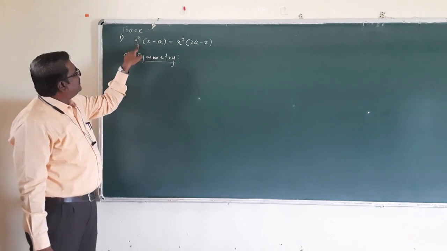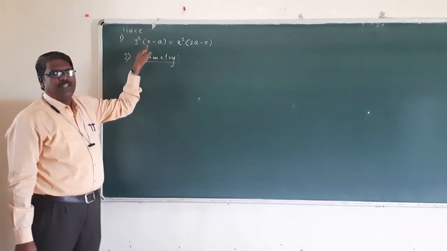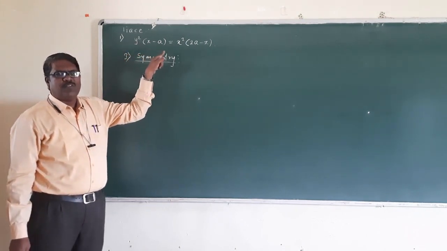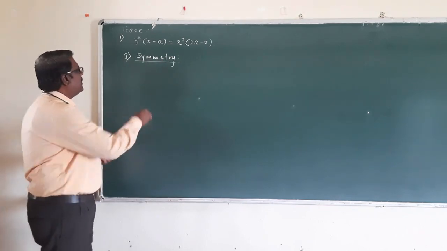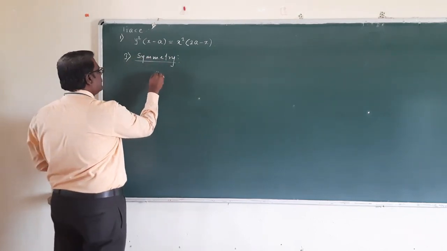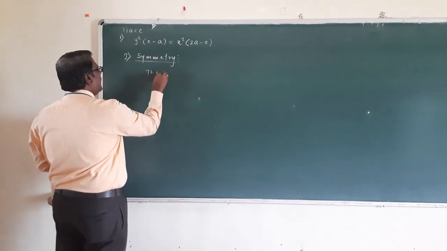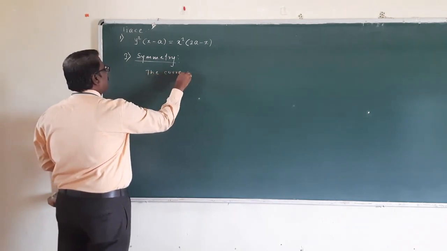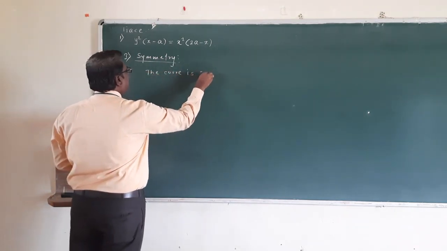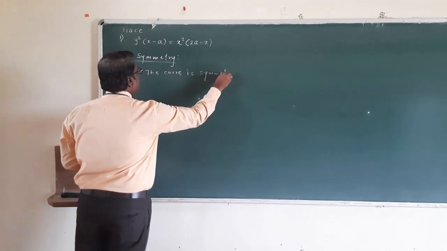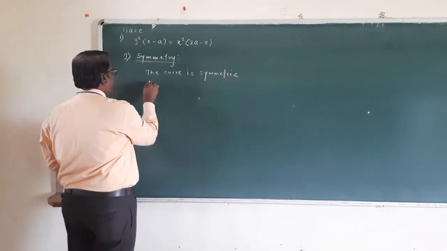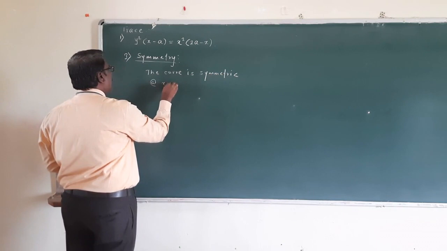If power of y is even and only even, then curve is symmetric about x-axis. So here the symmetry, it is about x-axis. So curve is symmetric about x-axis. Okay.